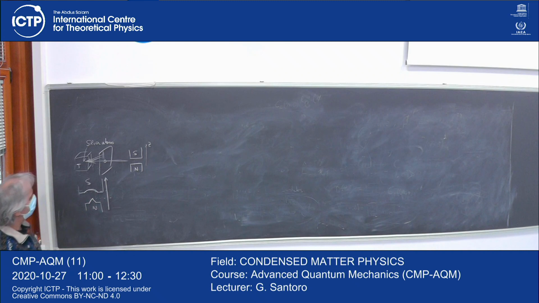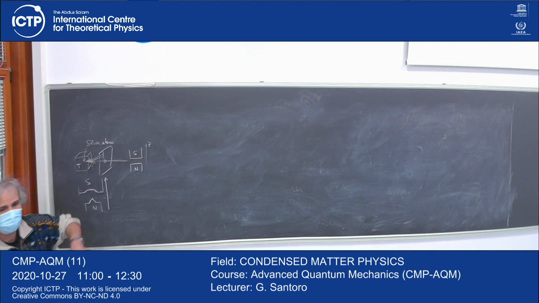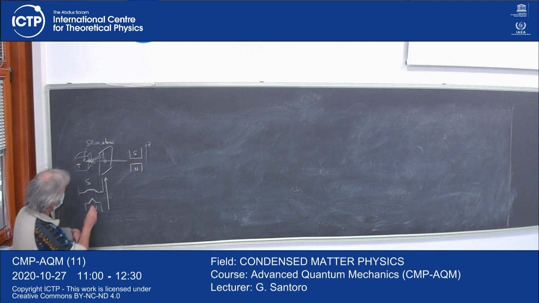Okay. Why do they do that? Because they want an inhomogeneous field. So they don't want a homogeneous field. If you want a homogeneous field, you just make two flat things. And if you are away from the borders, the field is roughly homogeneous. They wanted a field that is in fact stronger here than here. Okay?